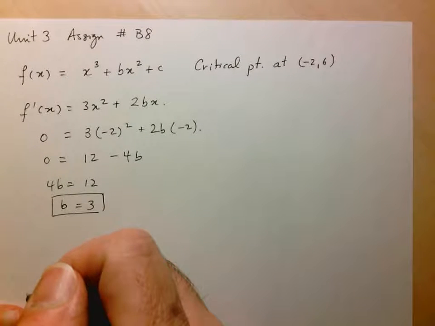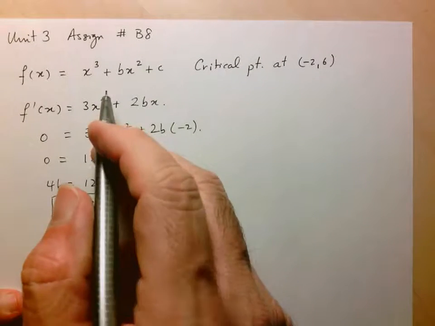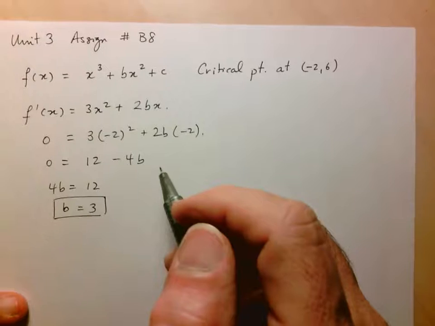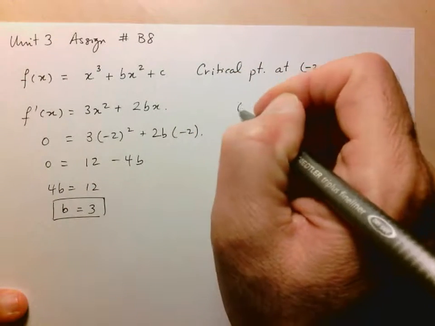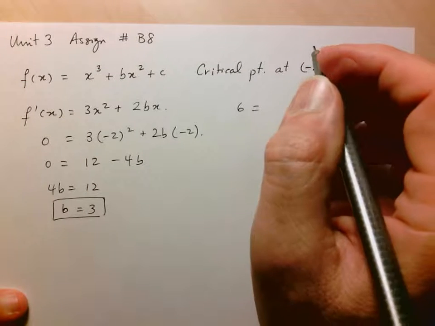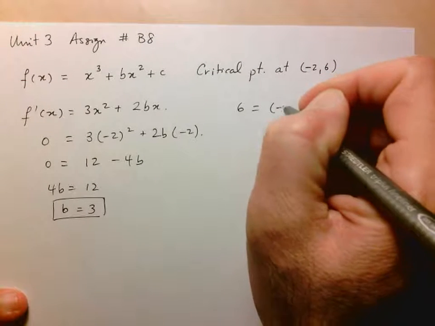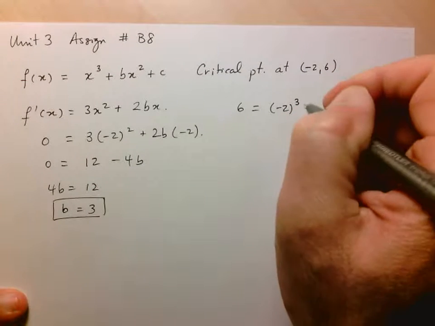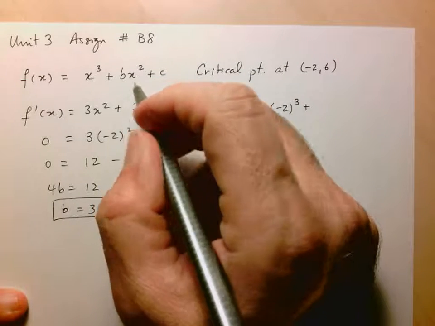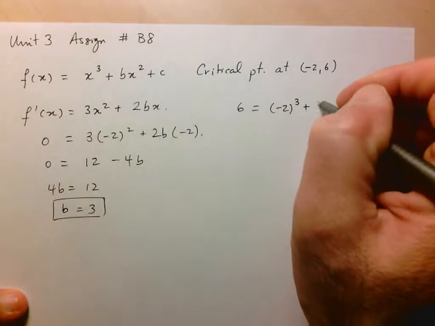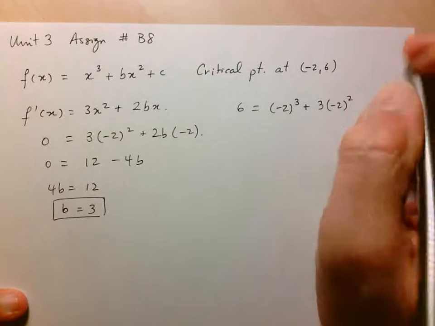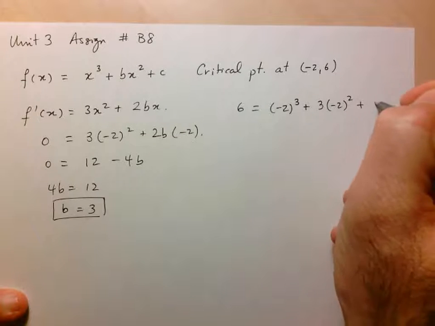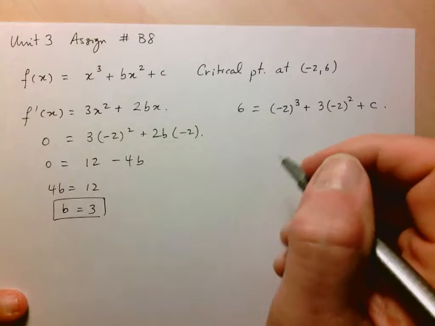Okay, so now let's input that into the function and use the fact that negative 2, 6 is on that function. So that means when y is equal to 6, x is equal to negative 2, so we have negative 2 cubed, plus, now we know what the b value is, so we might as well input that. We know b is equal to 3, and x is, again, negative 2, so squared, and then plus c, and so now we can just solve for c.